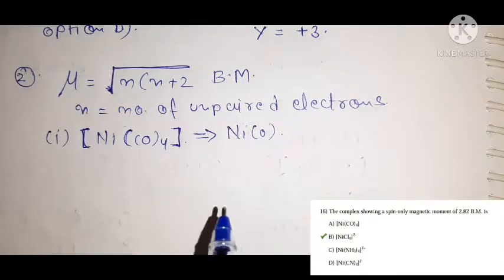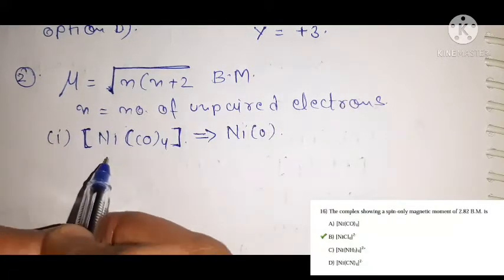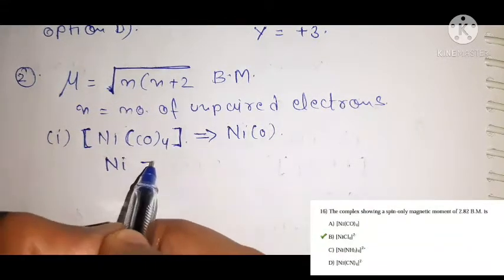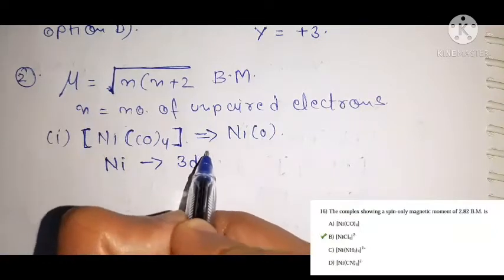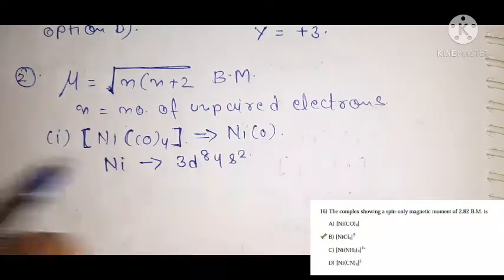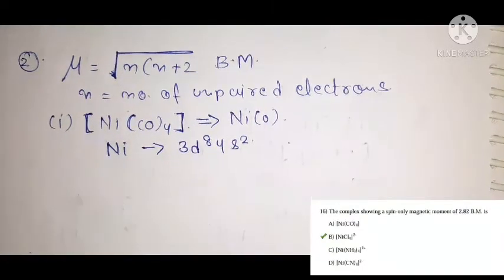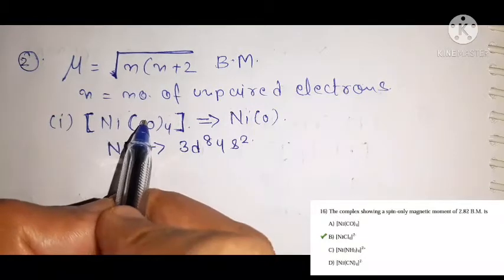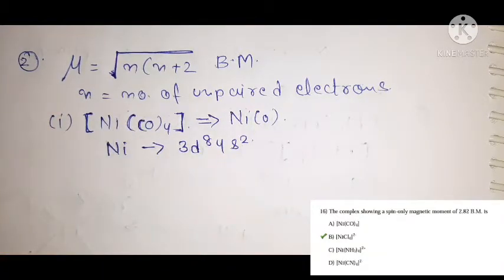So for zero oxidation state, the electronic configuration for nickel is 3d8 4s2. This is the electronic configuration of the nickel zero central metal atom. But you know very well that carbon monoxide is a strong field ligand.